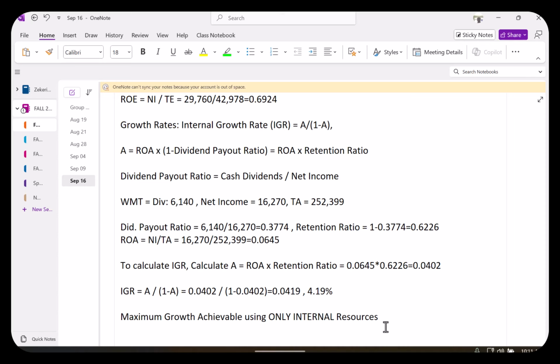You're going to use only retained earnings to fund your growth. That doesn't mean you're going to grow 4.90%. That is the maximum you can grow, assuming your return on assets pretty much retains the same.